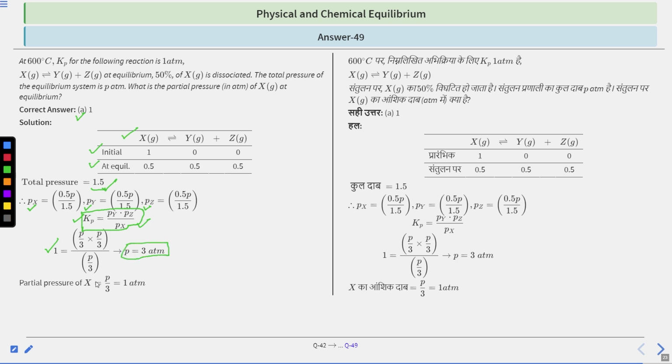So partial pressure of X will become P by 3 equal to 1 atmosphere, because we have taken the partial pressure of X as P by 3 and we have calculated P value, that is 3 atmosphere. So 3 by 3 will become 1 atmosphere and hence the partial pressure of X will be equal to 1 atmosphere. And thus we have our correct option as A, that is 1.